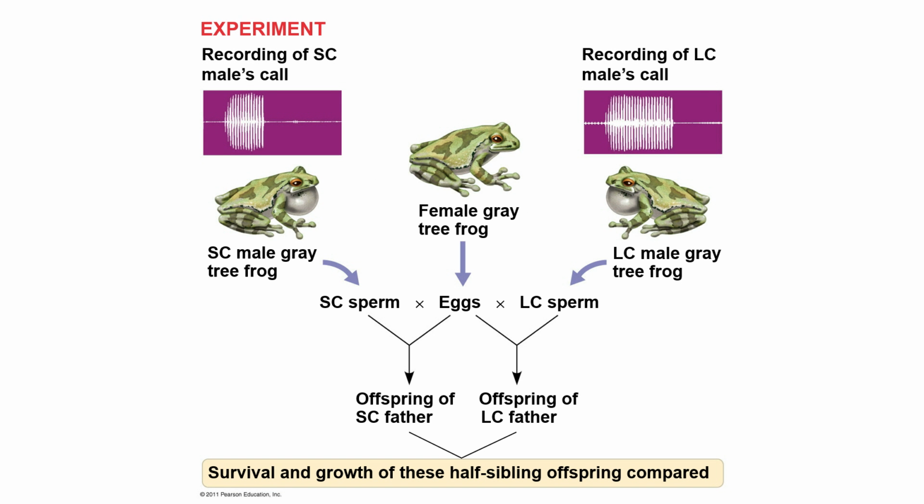Alright, so here we have gray tree frogs, males and females, and we have males that have a short call, and males that have a long call. Here, the question is, are the females going to favor the short call males, or are they going to favor the long call males?